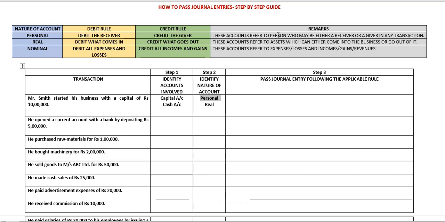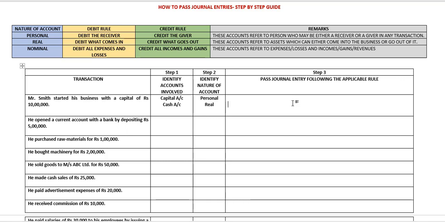So in this transaction, the person is Mr. Smith, whose account is represented by capital, is giving cash to the business. He's not receiving cash, he's giving the cash. So the rule goes like this: credit the giver. So in this transaction, we'll have to credit Mr. Smith.